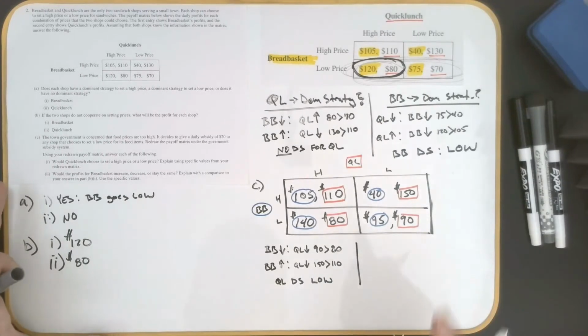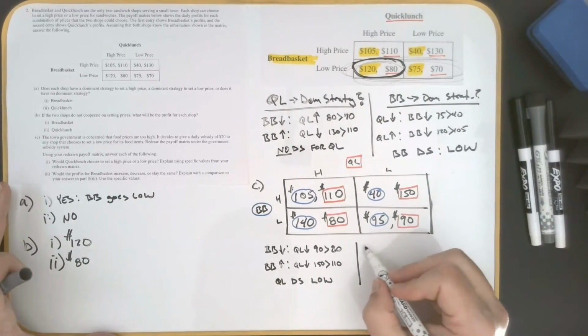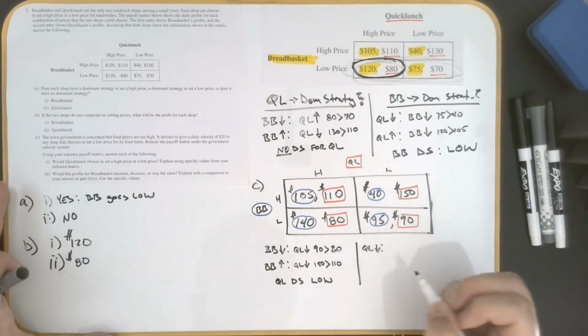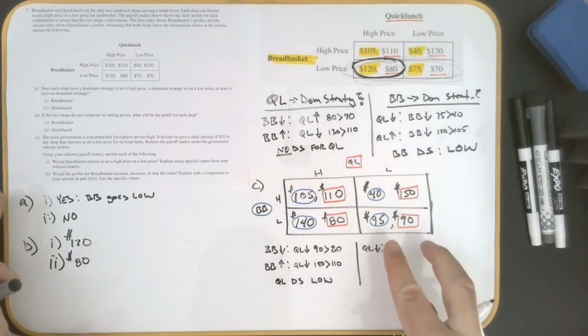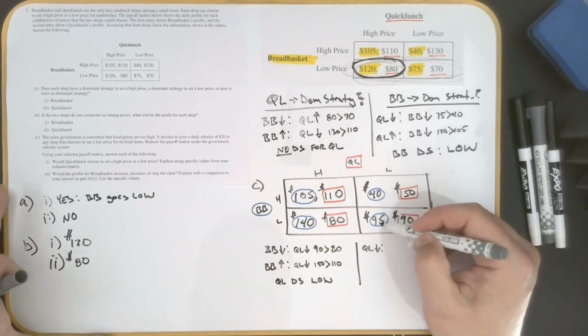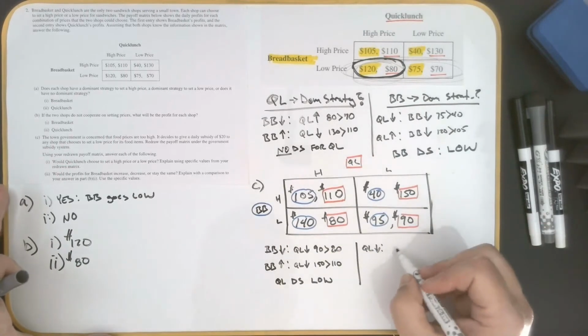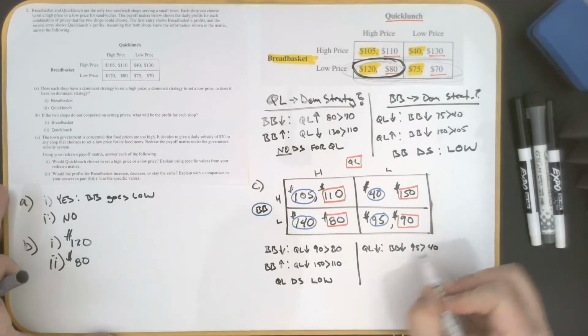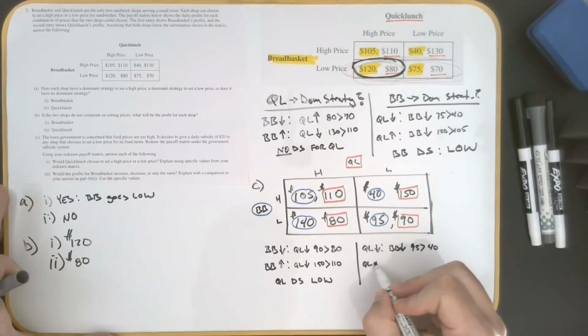Okay, let's try this one. Now we're going to force Quick Lunch to go low. Let's see what happens. So Quick Lunch chooses low prices. What's better for Breadbasket? 95 is better than 40, so they should go low. So Breadbasket will go low. 95 is better than 40. Now what happens if Quick Lunch goes high?